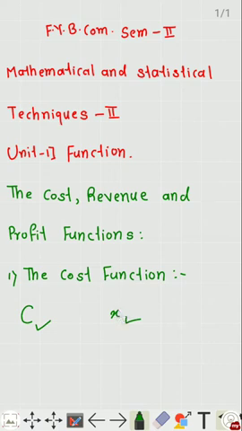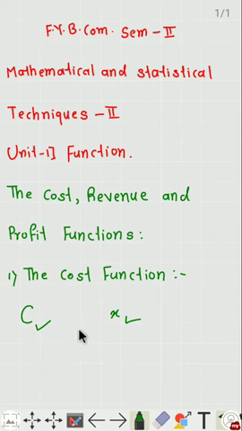Let us understand the total cost function. Suppose a manufacturer produces x units of a certain item, then the actual cost of producing these items may depend on various factors. But for simplicity, we assume that the cost depends only on the number of goods produced.